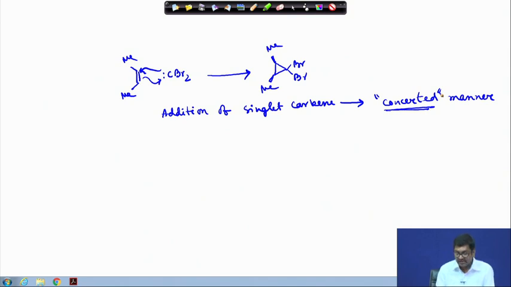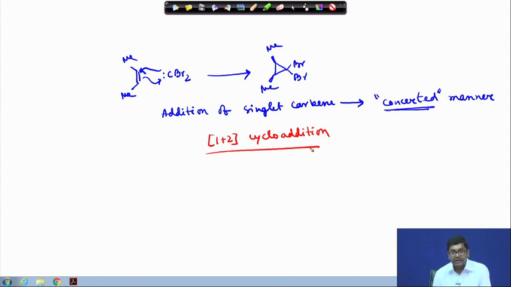Okay. In general, these can be called 1 plus 2 cycloaddition. Okay. Now, in this type of concerted reaction, what happens? The geometry of the starting material, that is the alkene, is preserved in the product.